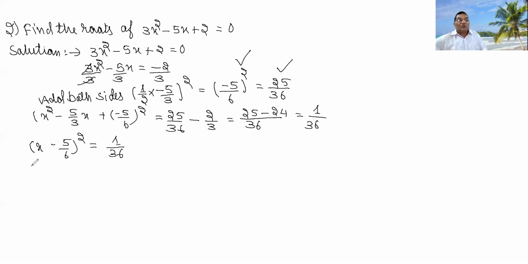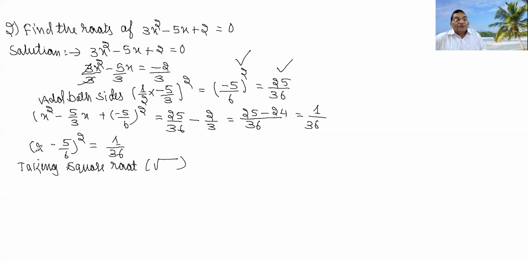Then taking the root. It is not necessary to write, directly you can write, but how it comes, you may be under confusion. That is why I am writing, taking square root.